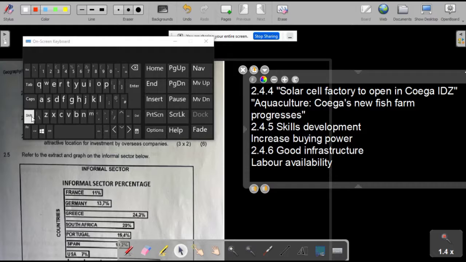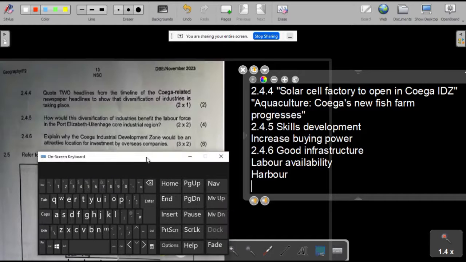So we said good infrastructure, so roads, and a harbor, which will reduce transport costs, which will further reduce expenses. So it's actually quite a good location. There's plenty more that you can write as well.